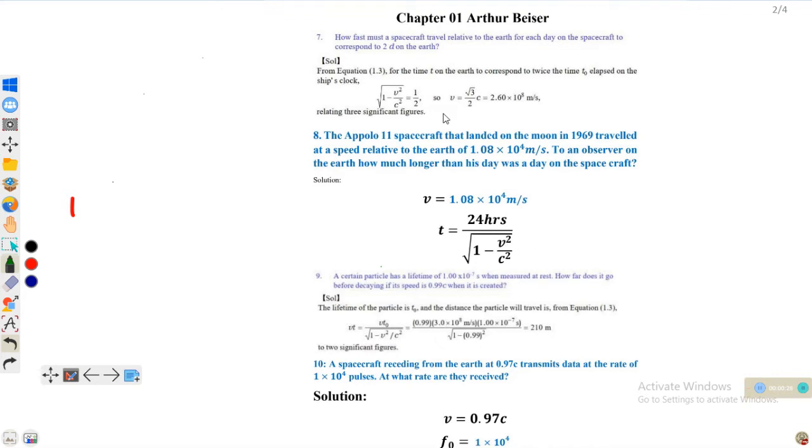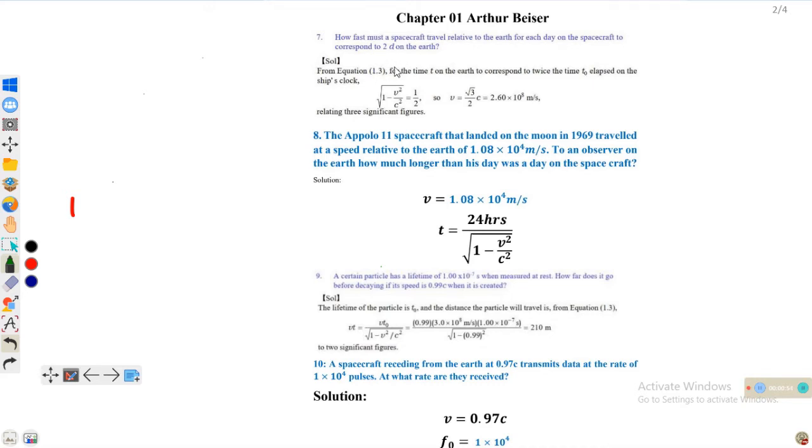The first question asks how fast must a spacecraft travel relative to the Earth for each day on the spacecraft to correspond to 2 days on the Earth.